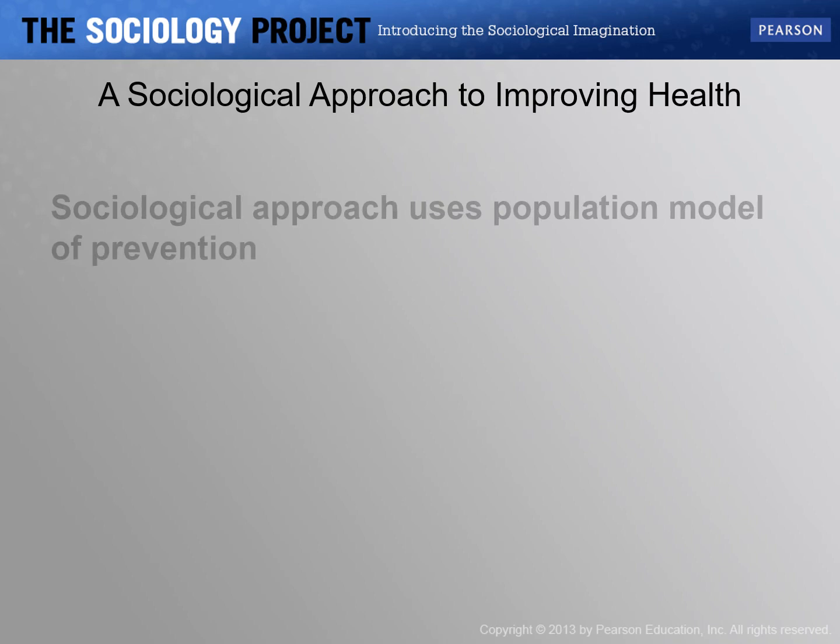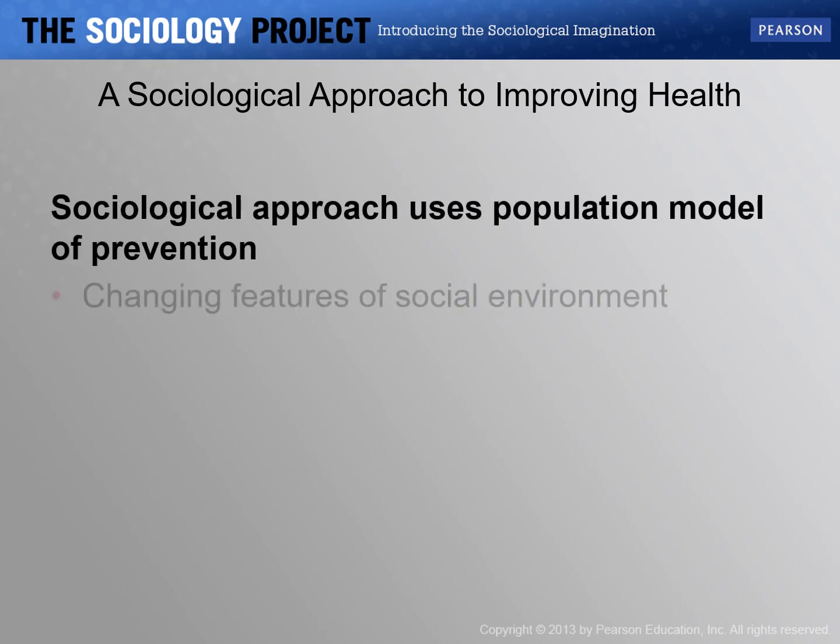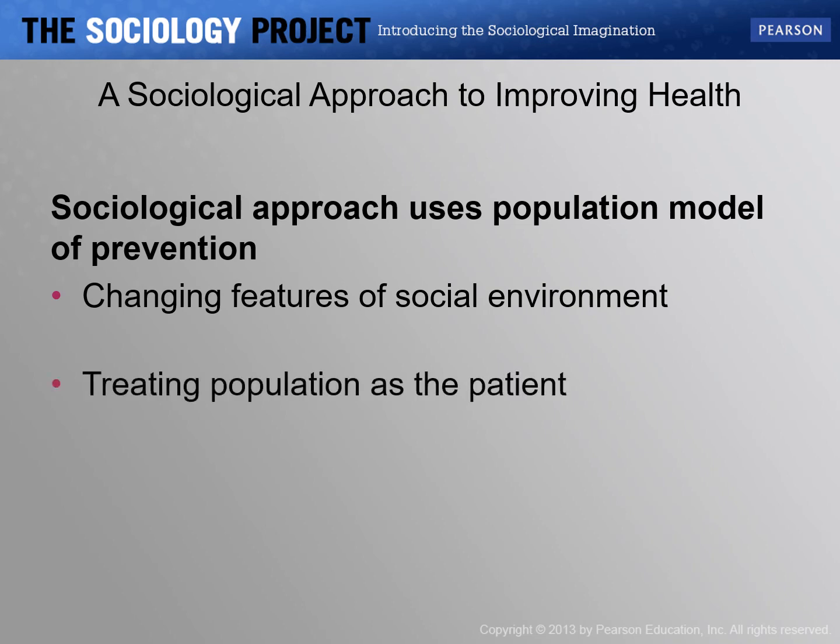Sociological approaches to improving health include population models changing the features of the social environment, for example, making healthcare accessible in the work environment, places for people to work out, healthy foods in the cafeteria, etc., and treating the population as a patient, which of course we've seen emerge with COVID-19.